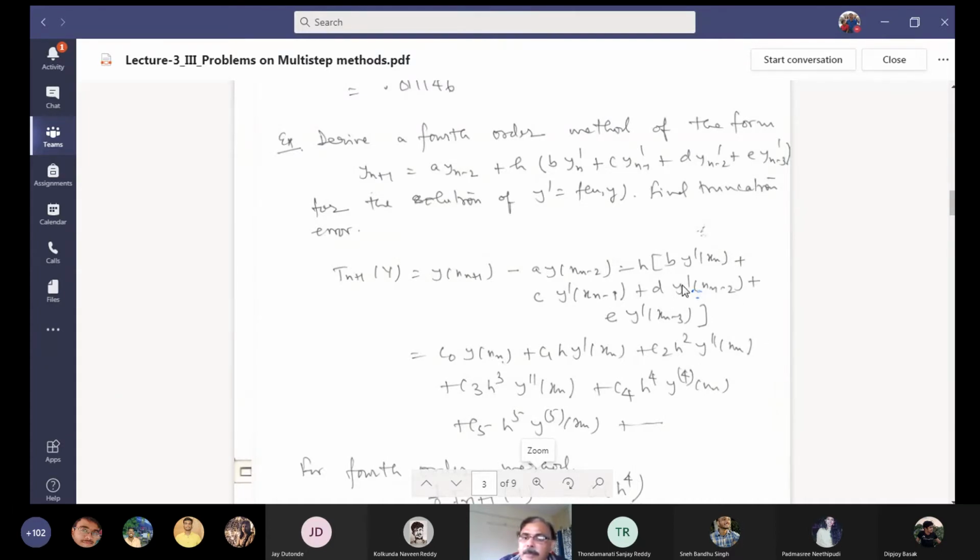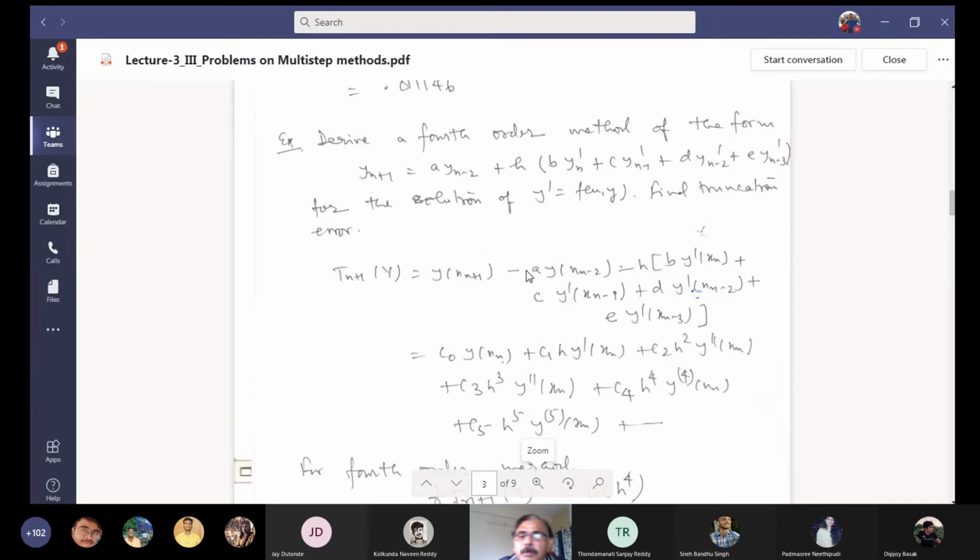Similarly, for y'(x_{n-2}), it is y'(x_n) minus 2h times y''(x_n), and other terms. Is that clear? Yes, sir. Then similarly you have to write for y'(x_{n-3}), which means it is x_n minus 3h. Right? Yes, sir.